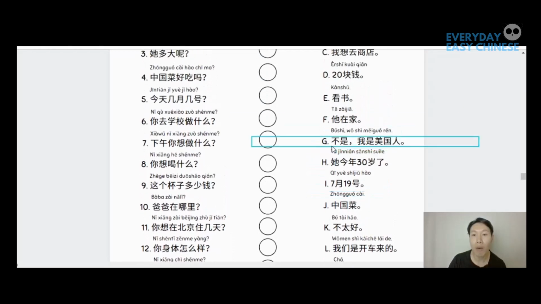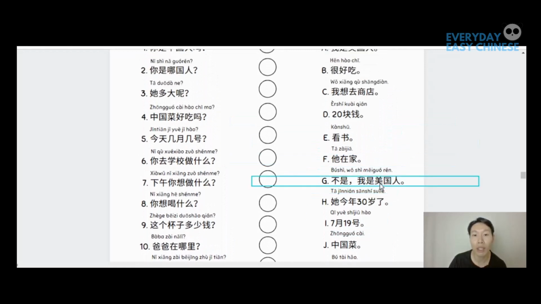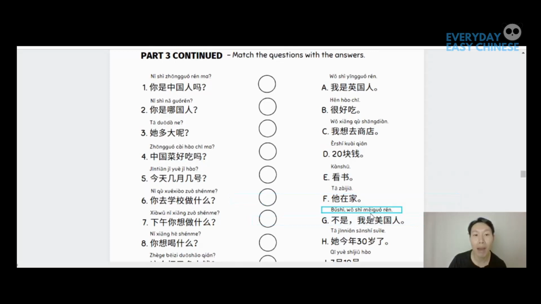We have G. 不是,我是美国人. No, I am American. Out of these two, over here it's asking 你是中国人吗? It's a yes or no question, so this fits G more.